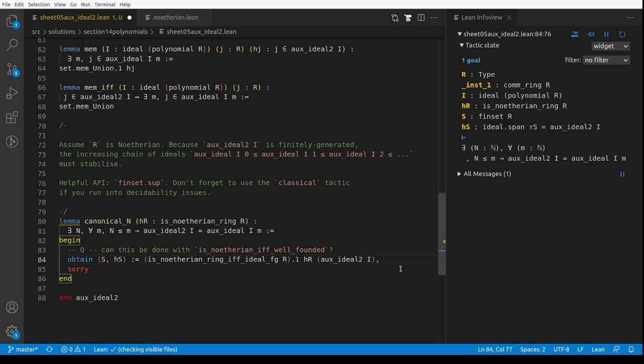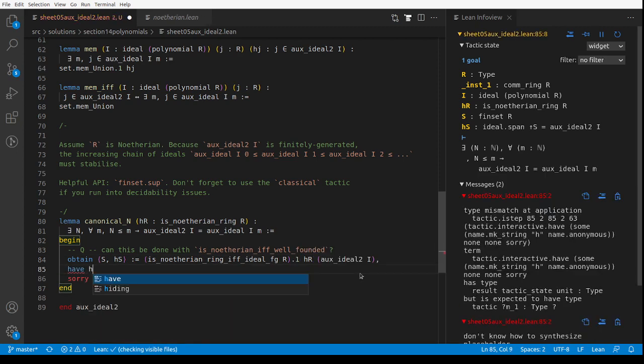And now I want to look at every single one of these elements of R, and the point is, we know we have this mem thing we've just proved above, that if I have an arbitrary element in I, so what I need to do next is prove that if you're in S, then you're in aux ideal 2, because then I'll be able to use mem.